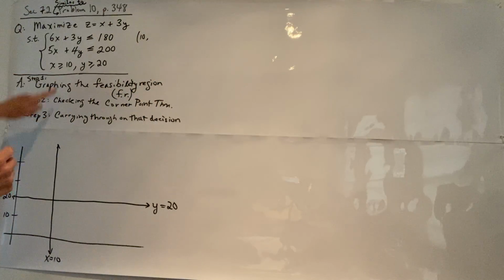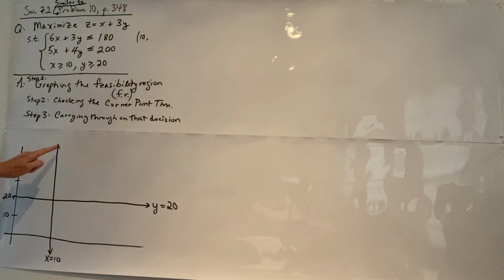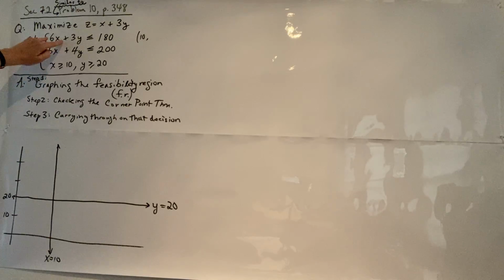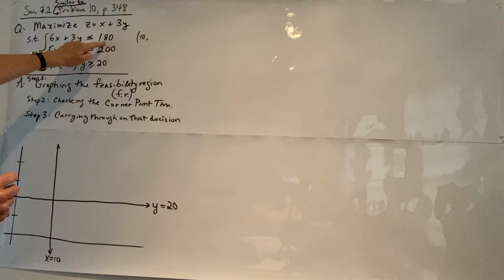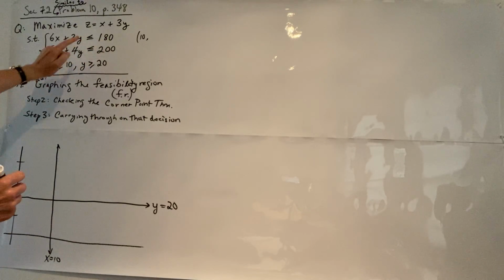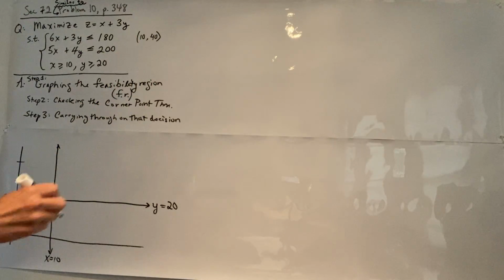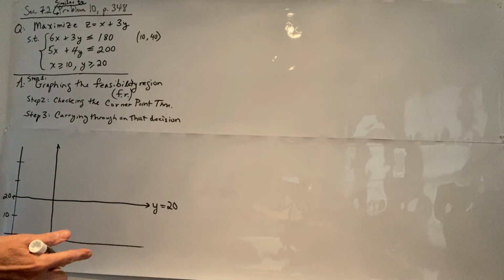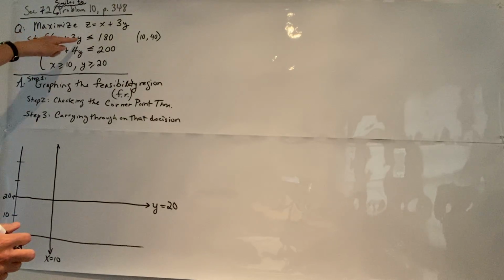If x is equal to 10, where is that line going to intersect? 6 times 10 is 60. 60 from 180 is 120. That makes y equal to 40. You can work that out a little longer, but you get the point that (10, 40) is on that first line.